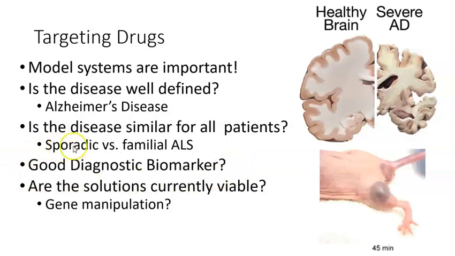And are there solutions available? Cancer, for example, can sometimes be screened from the blood or with a simple biopsy, but Alzheimer's is not as easy as that. So before you can even start making drugs or targeting drugs, you have to define the system. What is it that's really wrong, and how do you define if someone has that disease or not?